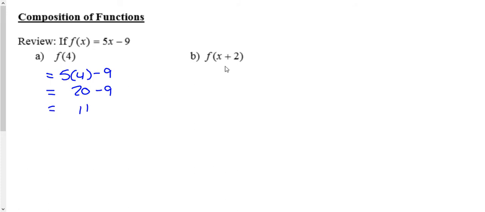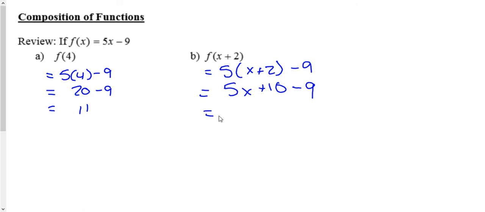Over here I'm subbing in a binomial into the function, but that's okay. So we have 5 subbing in x plus 2, close bracket, minus 9, distribute out 5x plus 10 minus 9, and simplify 5x plus 1 overall.